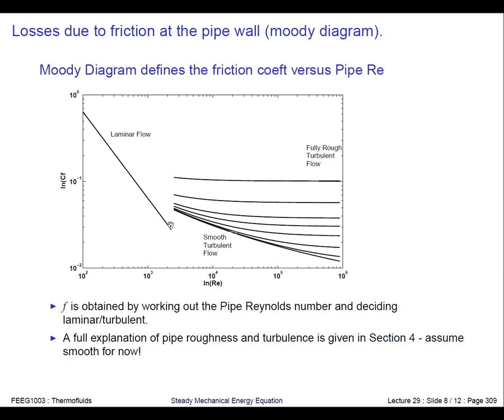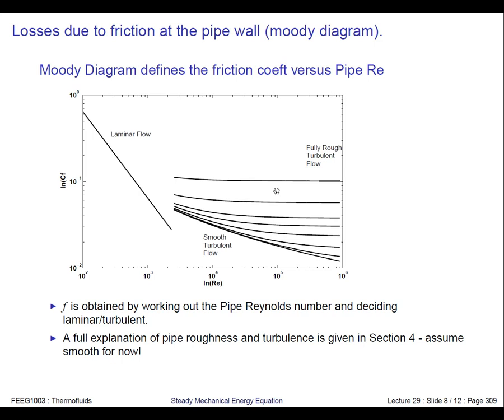If it's laminar flow, this relationship holds for f, and in a couple of lectures we are going to derive this, and I'll show you where this comes from. And then in a turbulent flow, it depends on whether the wall is rough or smooth.